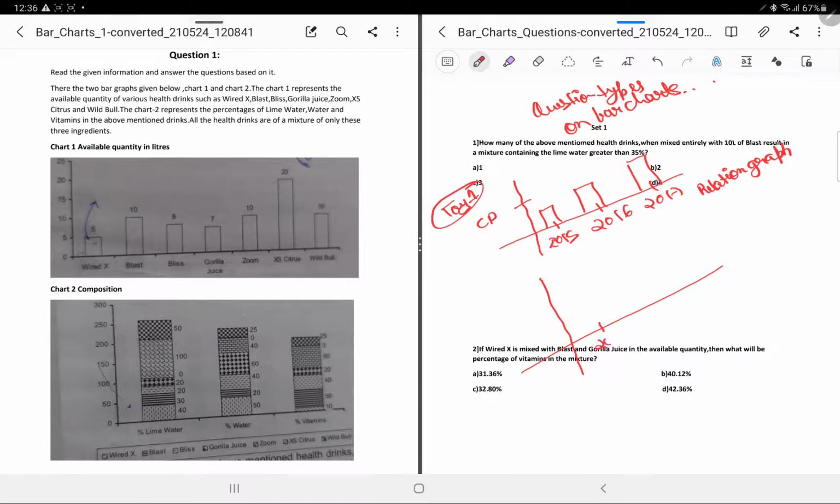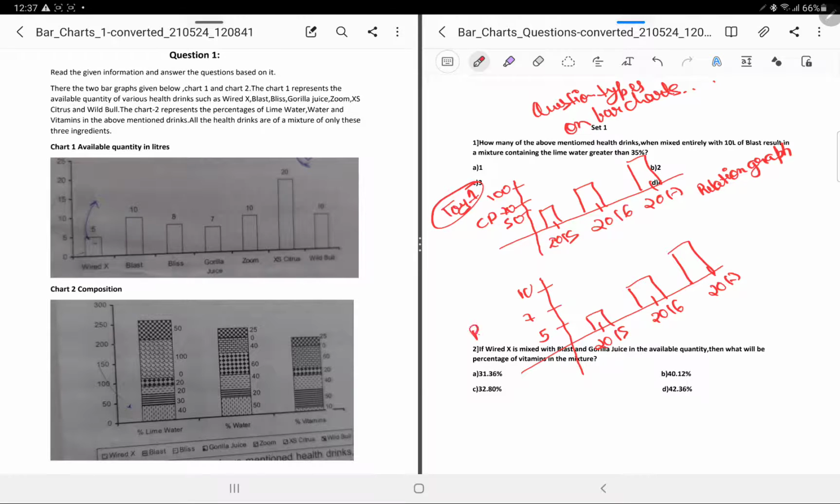Now for the same years, you are given the profit. Okay, so this is profit. So this is cost price, say 50, 70 and 100, and this is the profit, for example 5, and this is 7, and this is say 10. So clearly there is a relationship.